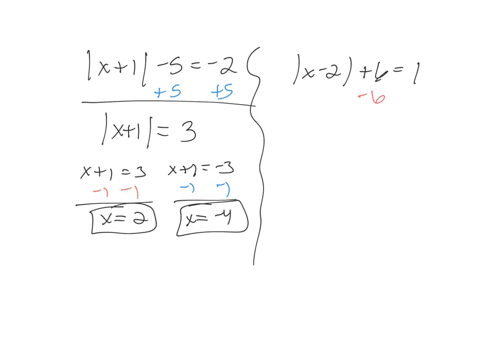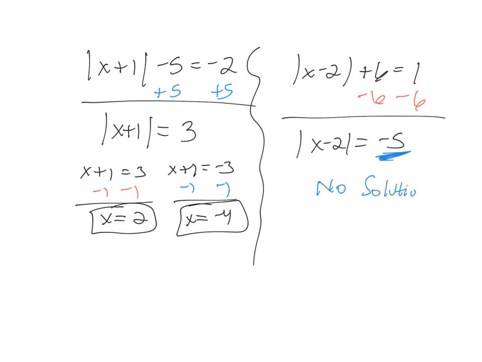And then you do minus 6 to get the absolute value by itself. 1 minus 6 is negative 5. And that's where it messes up. So this one is no solution. Okay, so get the absolute value by itself first, no matter what. Then you can check for no solution.